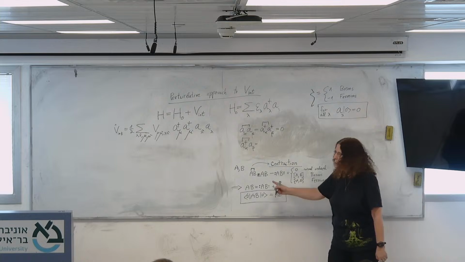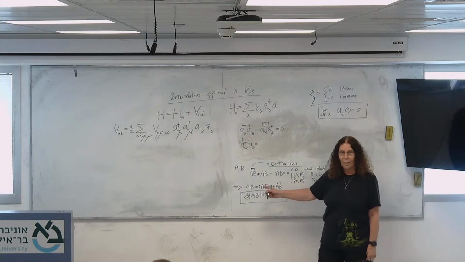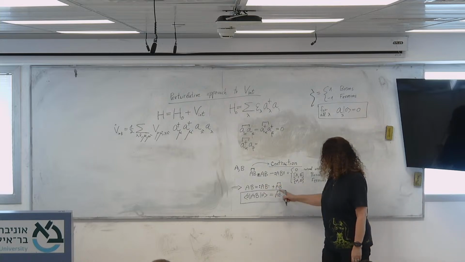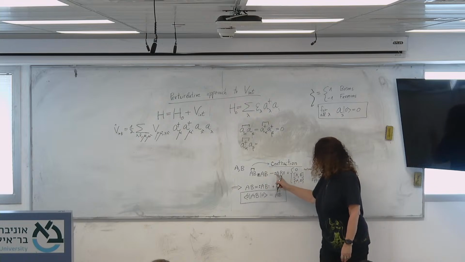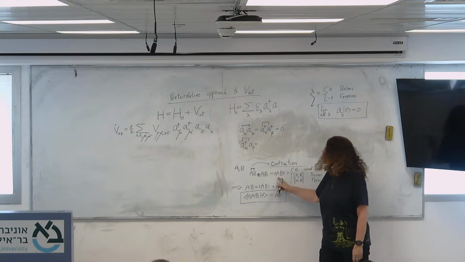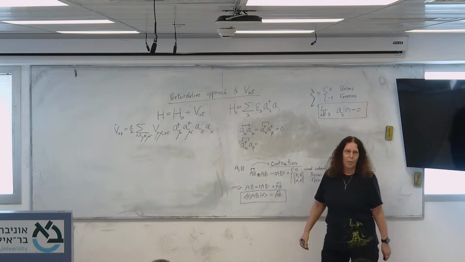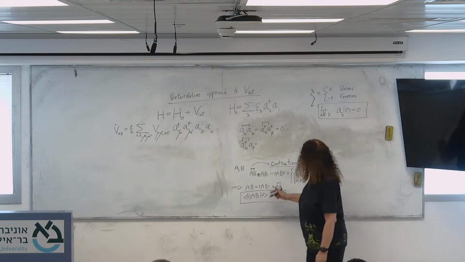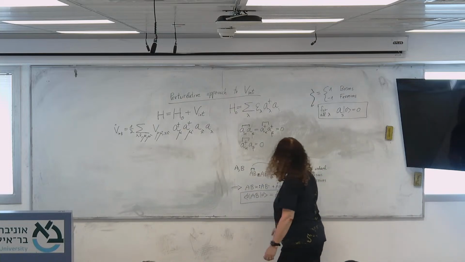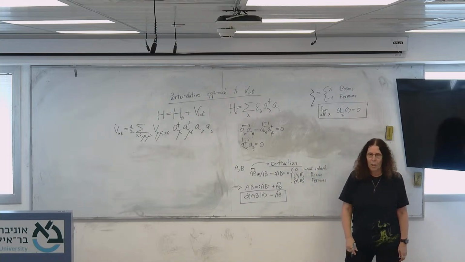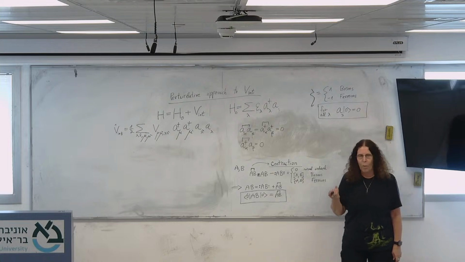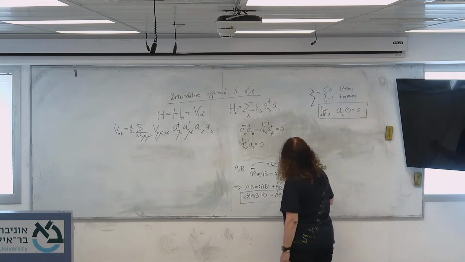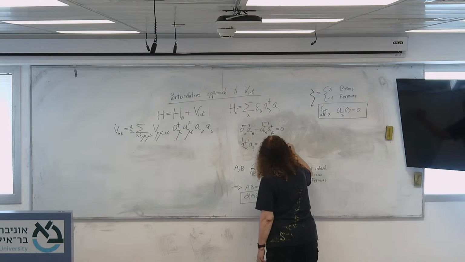Remember, the contraction is the operator minus the normal order. Now this is also normal ordered. And therefore this is also 0. So for two operators, I have only one case that doesn't vanish. And this is A alpha, A beta dagger.